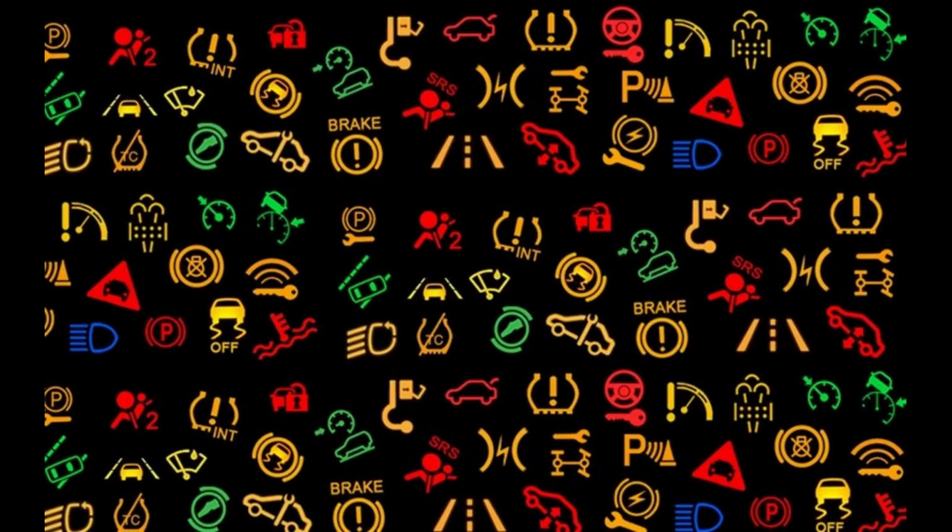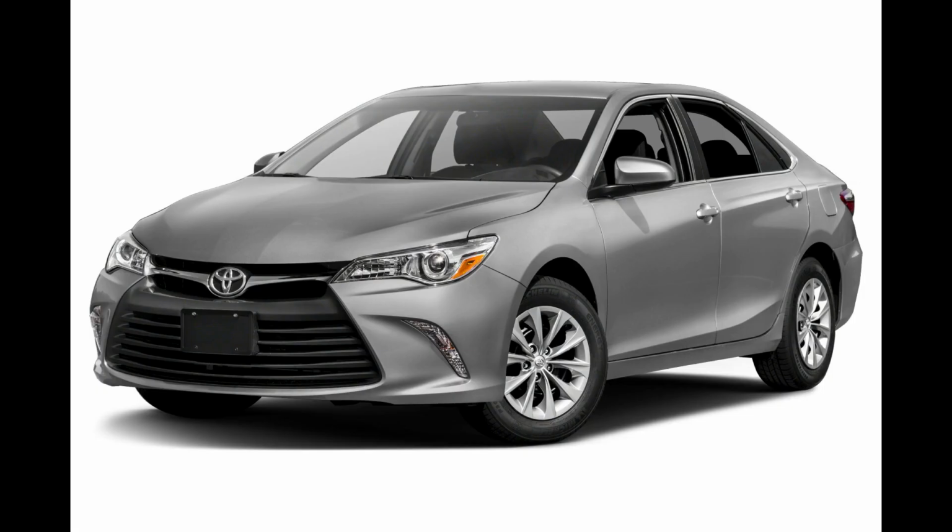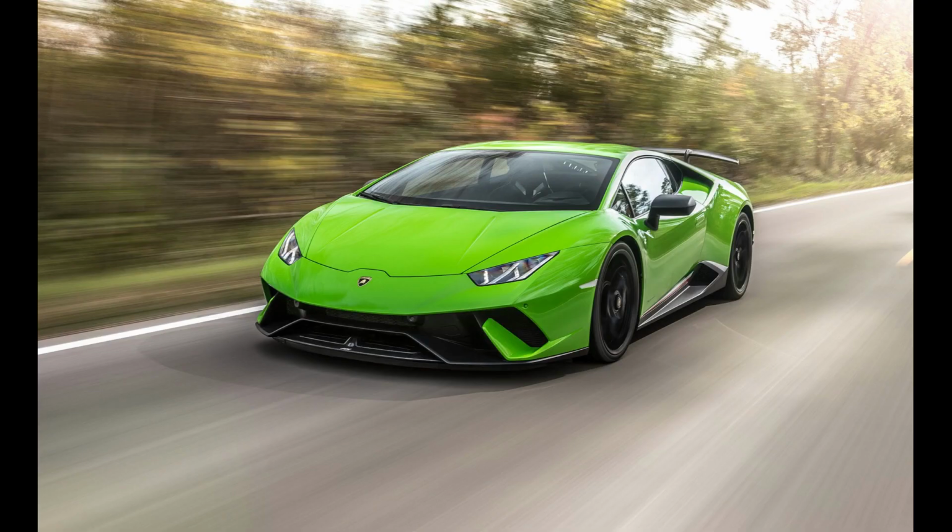If you didn't get it the first time, no problem. Practice makes perfect. But as you can see, before you drive any kind of car, you must know all these symbols. And the best part is, once you know these symbols, you don't have to worry about any car in the world because they are always the same.